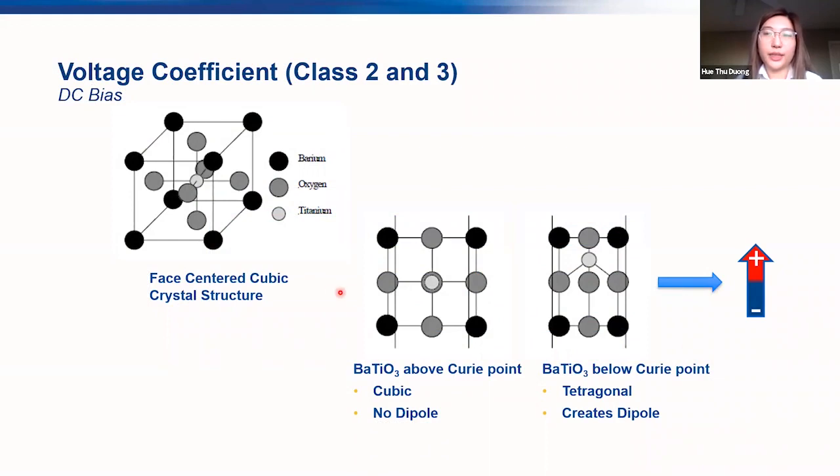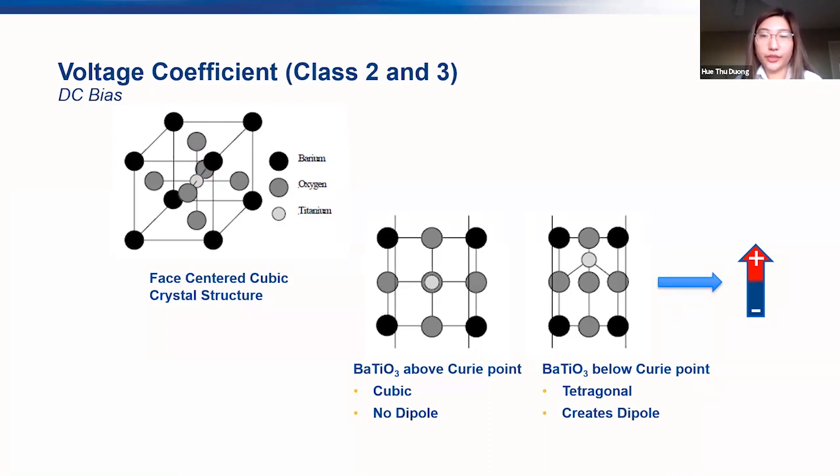Class 2 dielectrics are made from a barium titanate material. Its crystal structure contains barium atoms at the corners, oxygen atoms at the face centers, and a titanium ion at the very center. Above 130 degrees C, which is what's called the Curie point, the crystal structure becomes cubic.